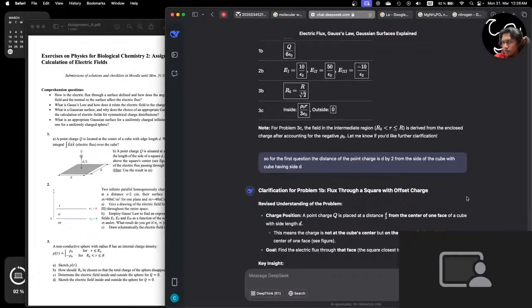Yeah, you can also use DeepSeek. Yeah, ChatGPT, right? I mean, that should be usable.